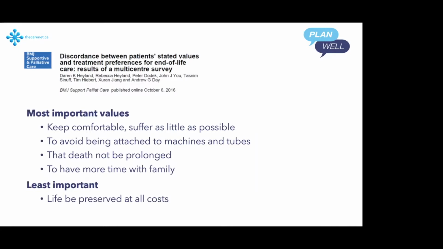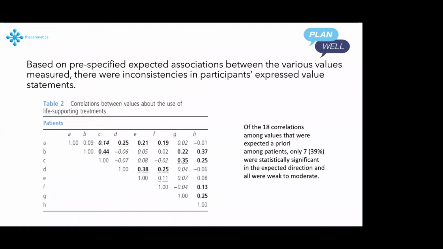First of all, it was interesting to see that there was a general consensus that values related more to comfort and avoiding machines and death not being prolonged seemingly were the most important. That life be preserved at all costs seemingly was the least important.